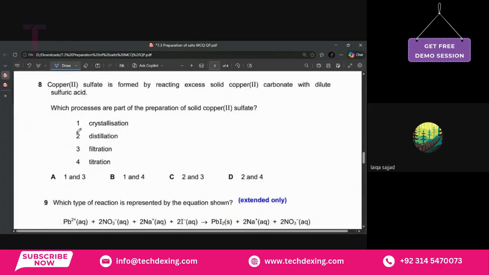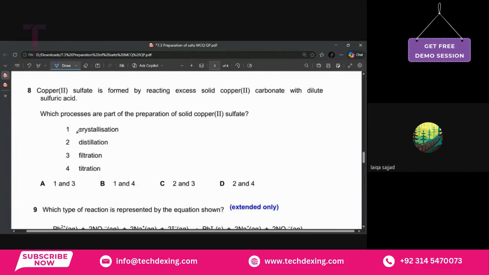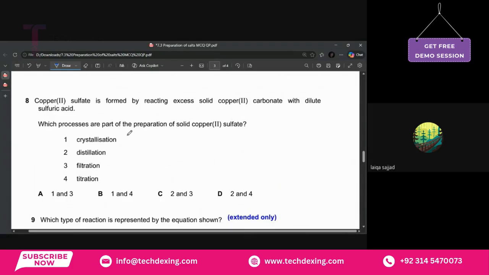Okay, moving forward, we are given that copper sulfate is formed by reacting excess solid copper carbonate with dilute sulfuric acid. Which processes are part of the preparation of solid copper sulfate? Crystallization, distillation, filtration, and titration.